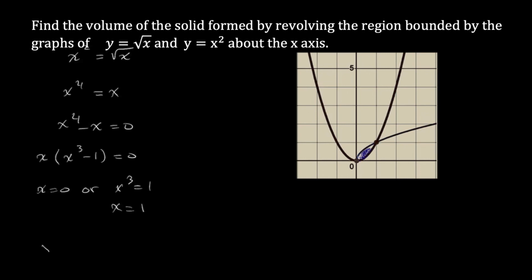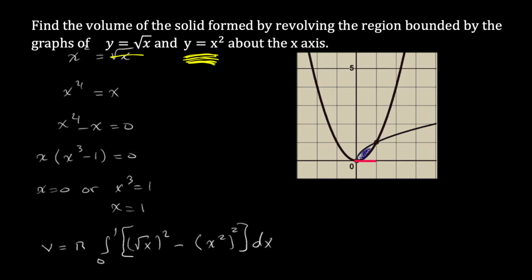We can say that the volume is equal to pi integral from 0 to 1, the outer radius squared minus the inner radius squared. So the outer radius squared is radical x all squared minus the inner radius, which is x squared squared dx. Now, if you want to know which one is the outer radius and which one is the inner radius, you can take any point between 0 and 1, let's say 0.5, replace it in x squared and replace it in radical x.